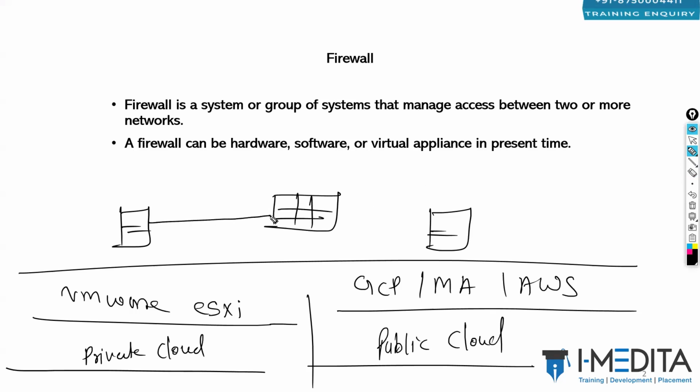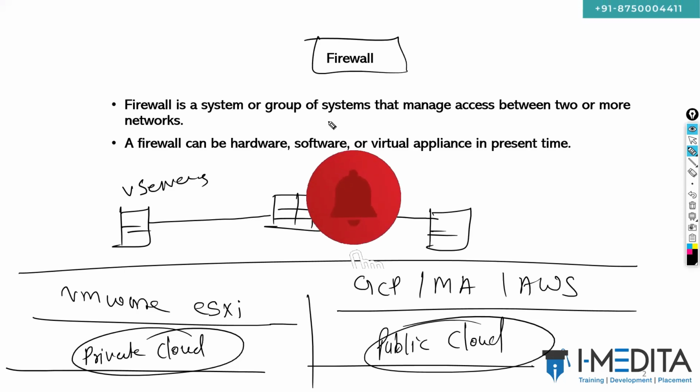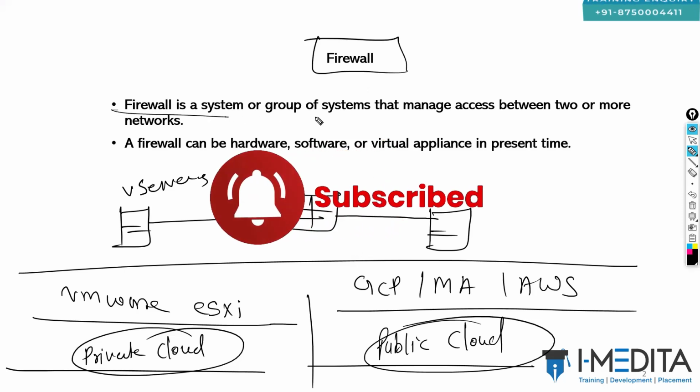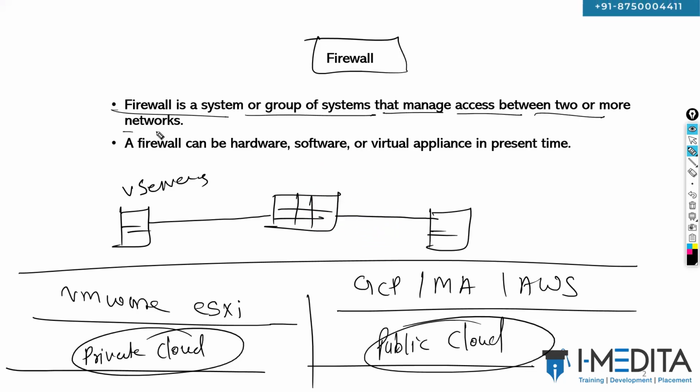So this virtual firewall will be used to protect virtual servers, vServers, on our public cloud and private cloud. Clear? So in this way, we can say a firewall is a system or group of systems that manage access between two or more networks. A firewall can be hardware, software, or virtual appliance in present time.